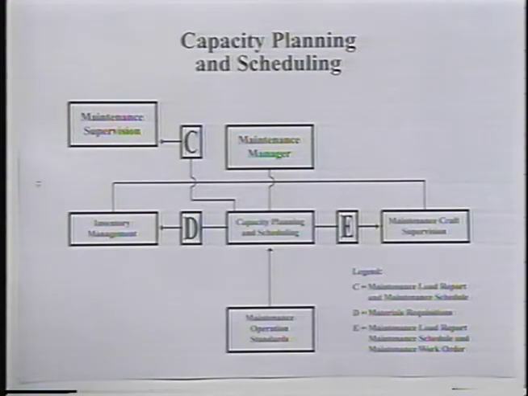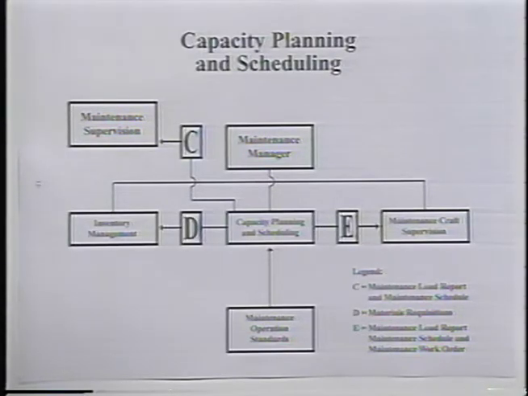capacity planning and scheduling activity, and you'll notice that below the capacity planning and scheduling block, there is a block with an arrow going to capacity planning and scheduling, which identifies what we call maintenance operation standards. Now, these are standards that are generated by planning and scheduling maintenance work orders.